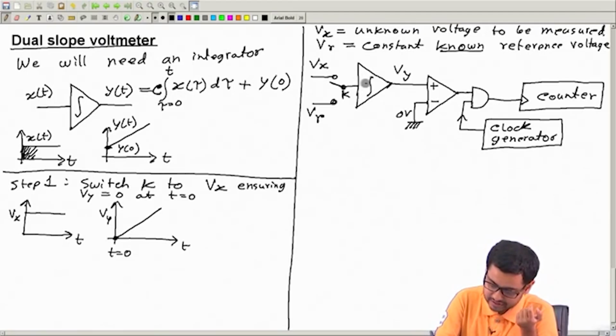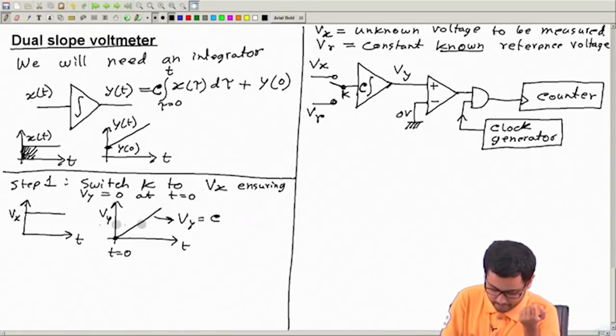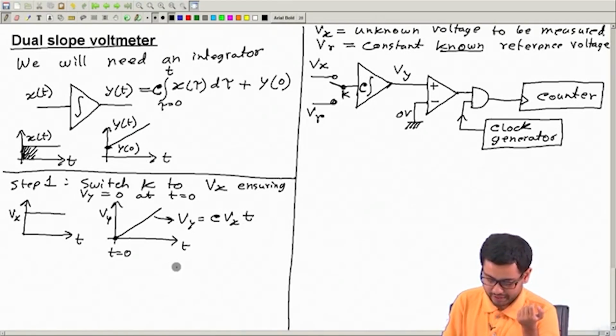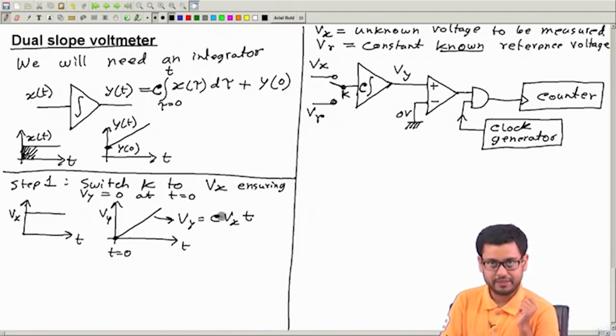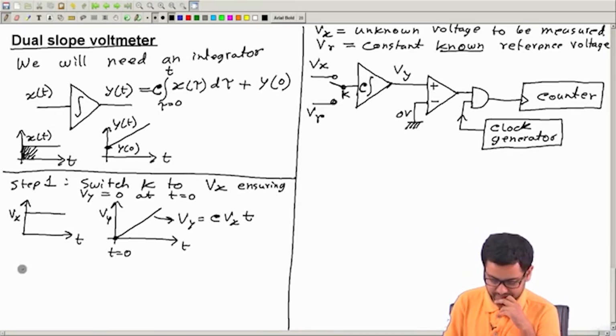So I can write this as a function of time: Vy is equal to c multiplied by Vx multiplied by t. Vxt is the result of integration of Vx over time, multiplied by c. This is Vy. It is increasing with time linearly.